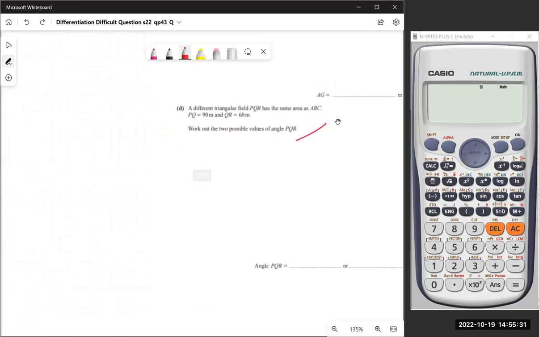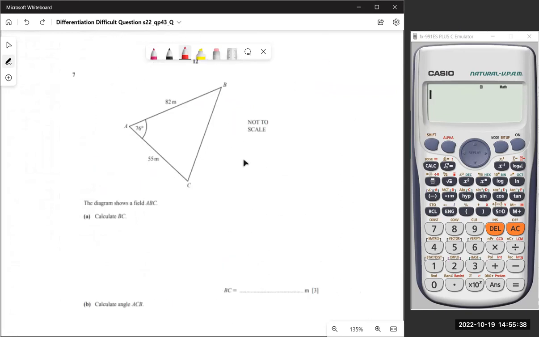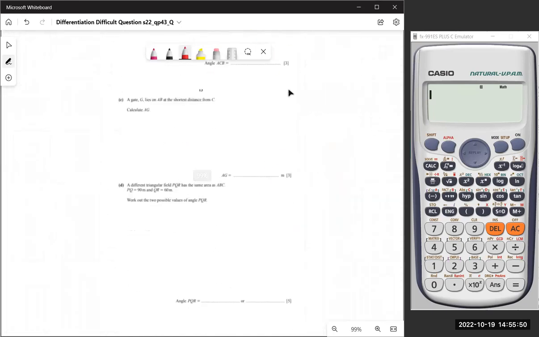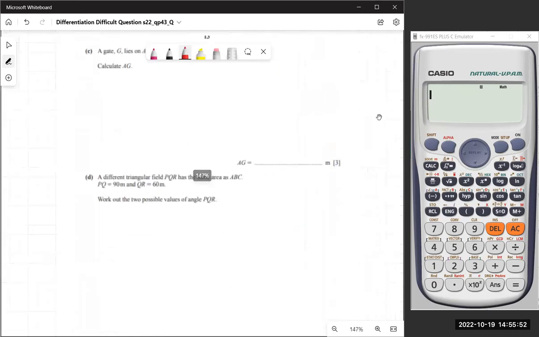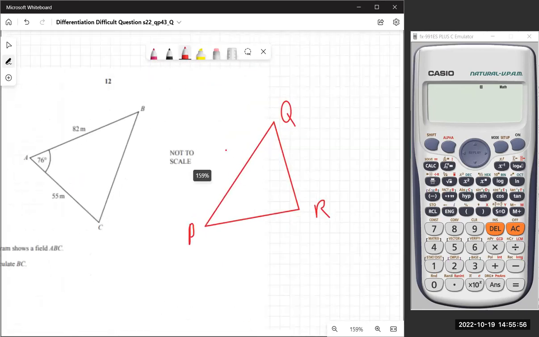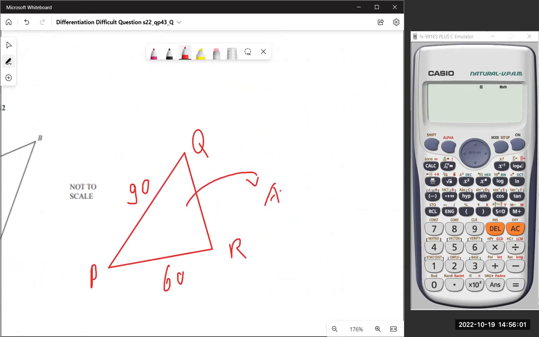Same area, possible values of angle PQR. ABC. Let's call this PQR. It has the dimensions 90 and 60. And the area over here is how much?